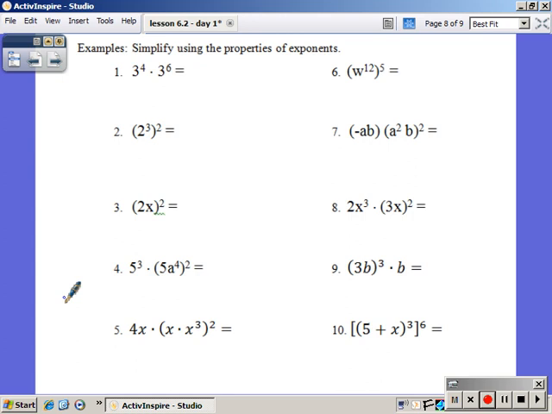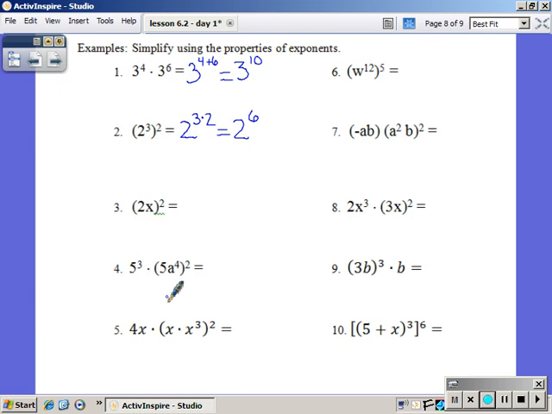So in number 1, 3 to the 4th times 3 to the 6th, I'm multiplying powers that have the same base. The product of powers rule tells us to keep the base the same and add those exponents. Therefore, that is 3 to the 10th. Number 2, 2 to the third, that quantity squared. Power of a power, I multiply those, so that's 2 to the 3 times 2, or 2 to the 6th.